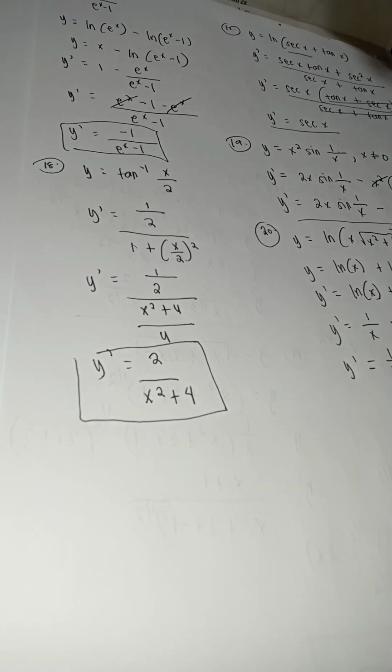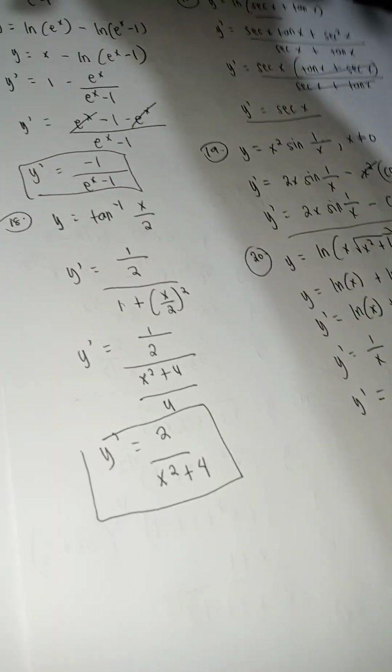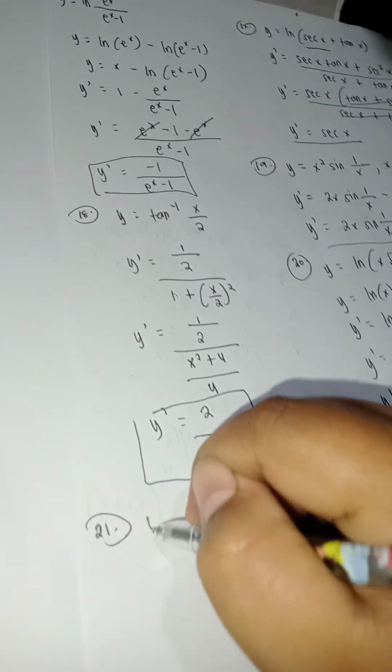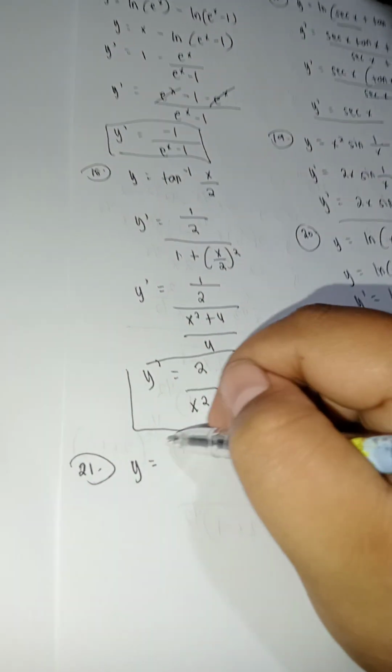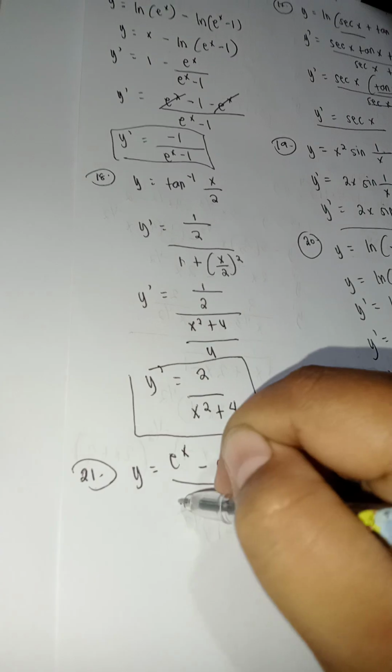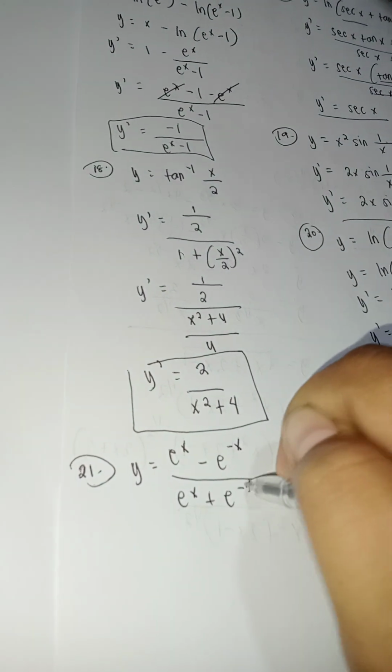So let's proceed with the number 21. We have here y is equal to e to the x minus e to the negative x over e to the x plus e to the negative x.